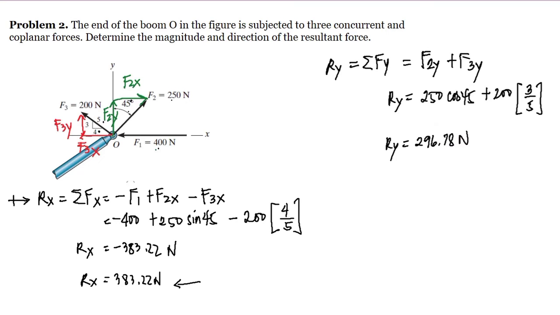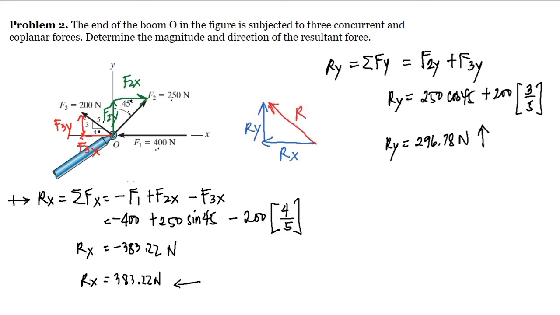Since the answer is positive, meaning the resultant along the y direction is directed upward. So, with this, we have Rx directed to the left and Ry directed upward. So, we have this Rx and Ry here. So, meaning this is the direction of the resultant.